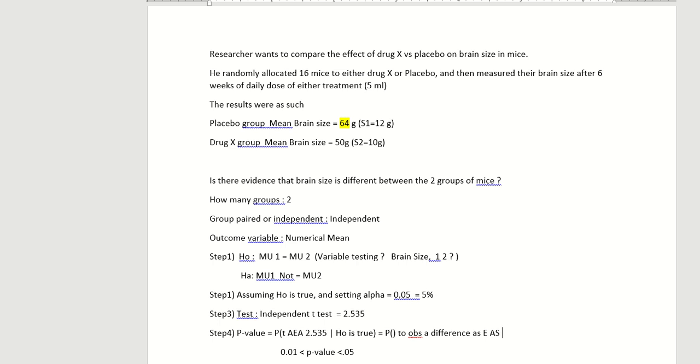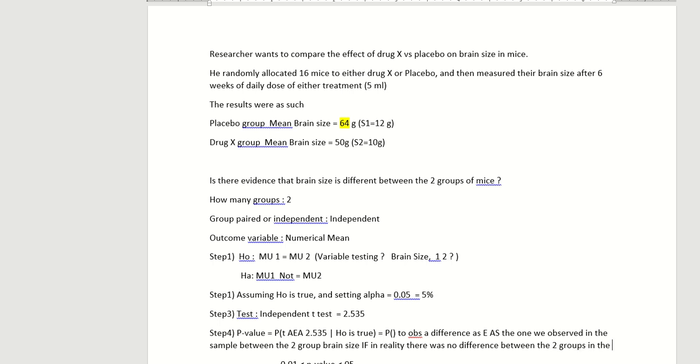So to observe a difference as extreme as the one we observed in the sample between the two groups' brain sizes, if, and in capital, that's if the null is true, meaning if in reality there was no difference between the two groups in the population.